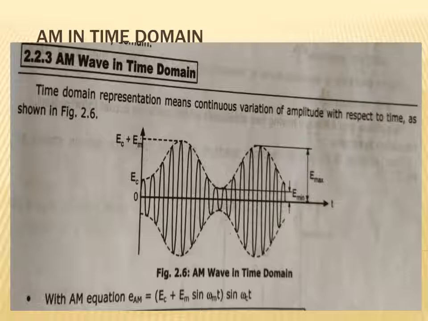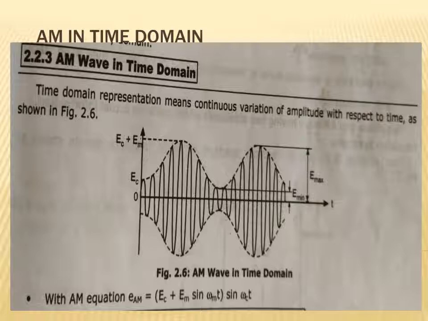So this is the time domain representation. The equation for this time domain representation is nothing but your AM wave equation: EAM is equal to EC plus EM sine of omega MT into sine of omega CT. This is the time domain representation of the AM wave.